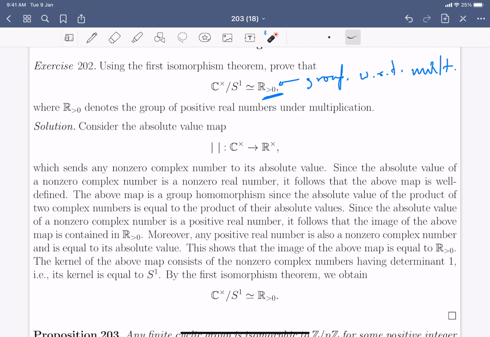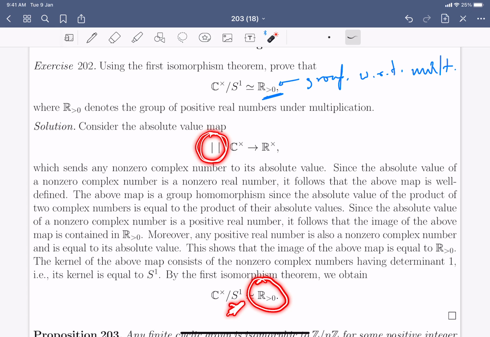Then one can check that this group homomorphism has exactly S1 as its kernel, and its image consists of all the positive real numbers. So the image is equal to R positive, and the kernel is equal to S1.